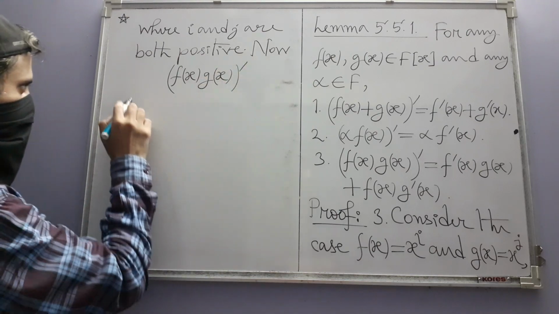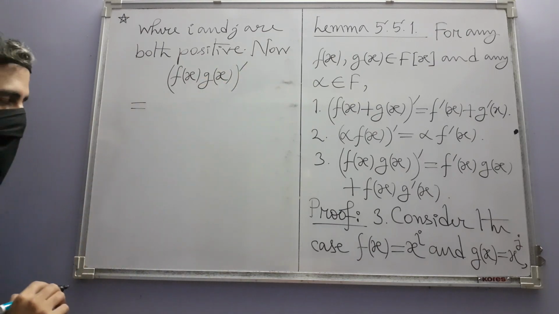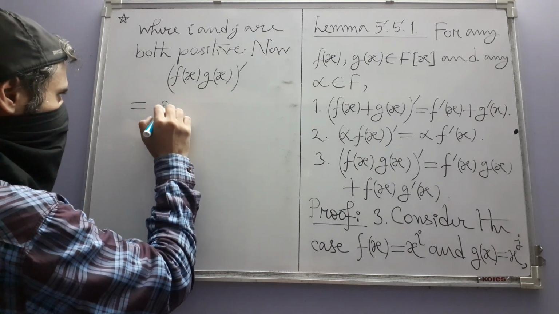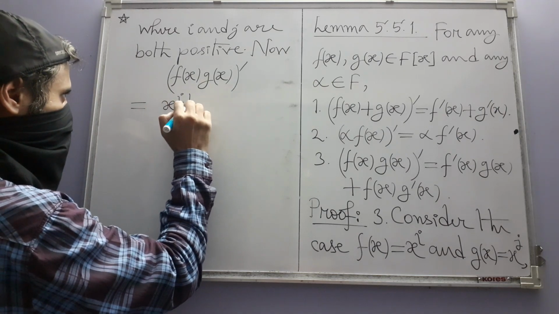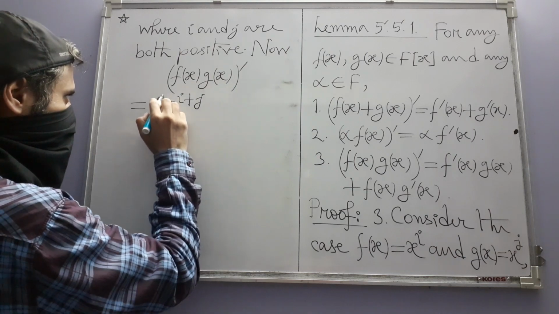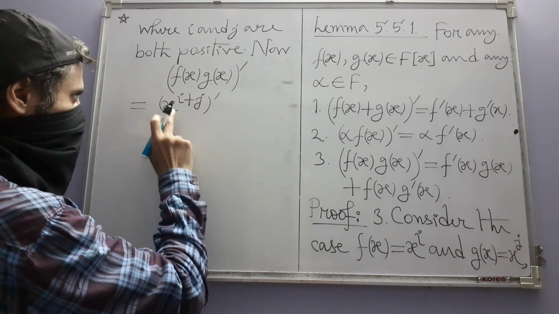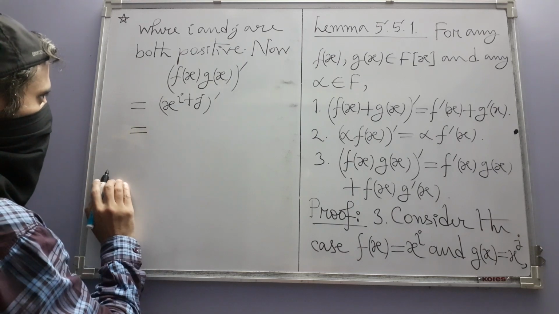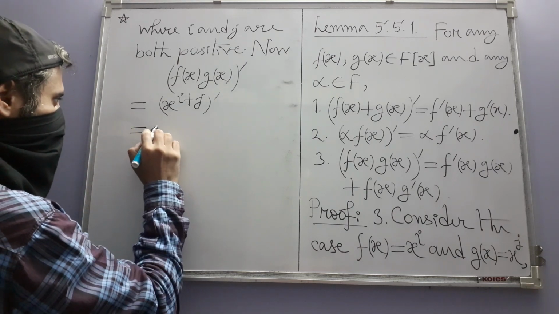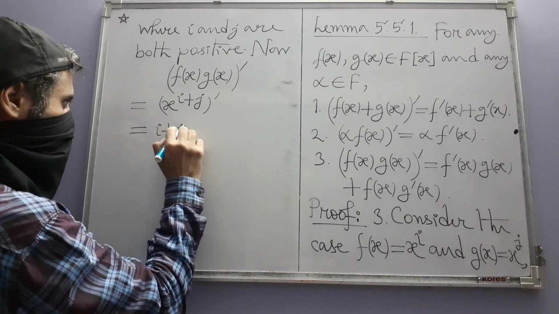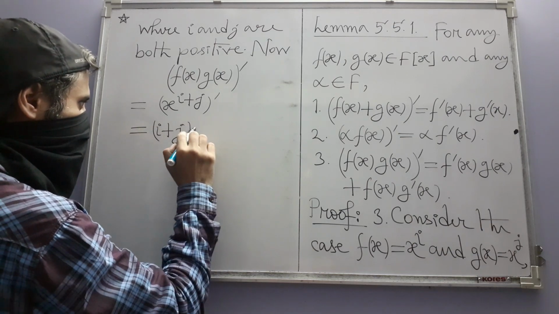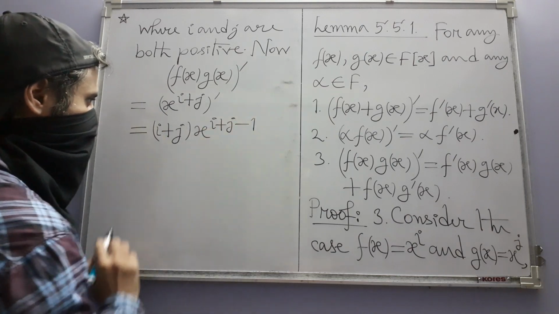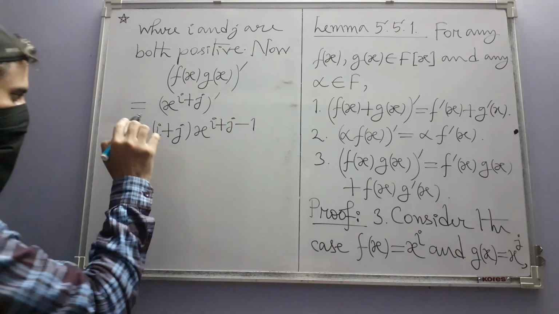If one directly tries to calculate this derivative of the product, first of all, what will the product be? The product, just simply by the definition of multiplication of two polynomials, is this, which again is a monomial. But now by the definition of derivatives, this is i plus j times x to the power i plus j minus 1.